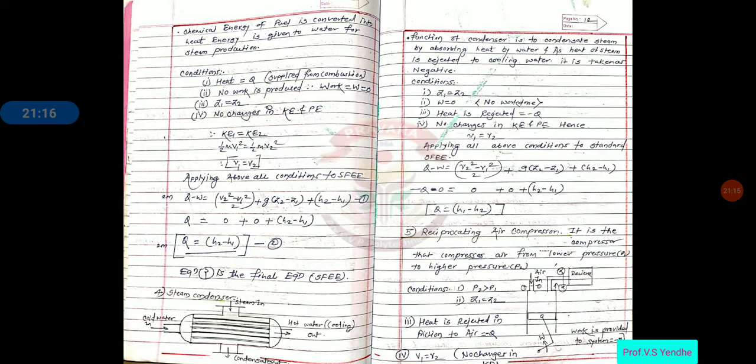Now applying all these conditions: first, Z1 is equal to Z2, that means inlet height is equal to outlet height. Then W is equal to 0, as no work is produced because there are no rotating parts. Then heat is rejected, that means Q is equal to minus Q, as we have already seen the sign convention. Then no changes in KE, so V1 is equal to V2.